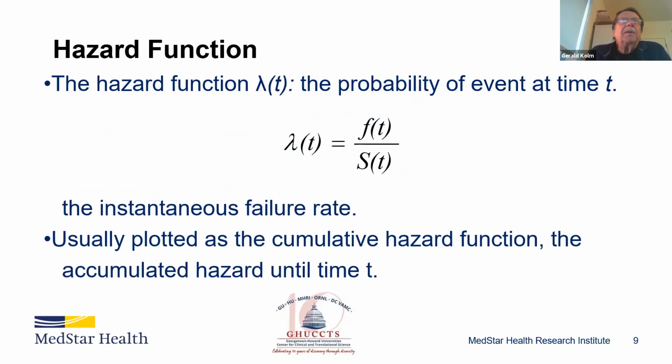The hazard function is also an important function that we calculate, and in fact the two are related, the hazard function and the survival function. And the hazard function is the probability of an event at time t. So that's also known as the instantaneous failure rate. And usually this is plotted as the cumulative hazard function up until time t.